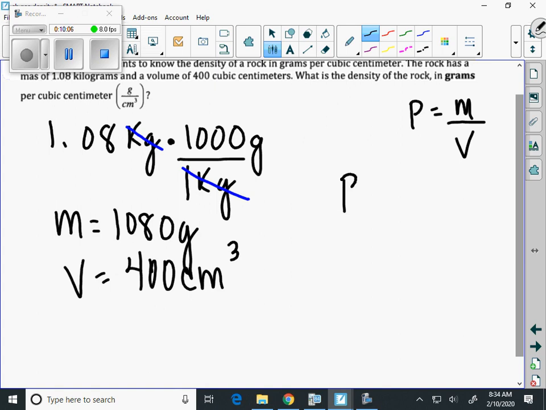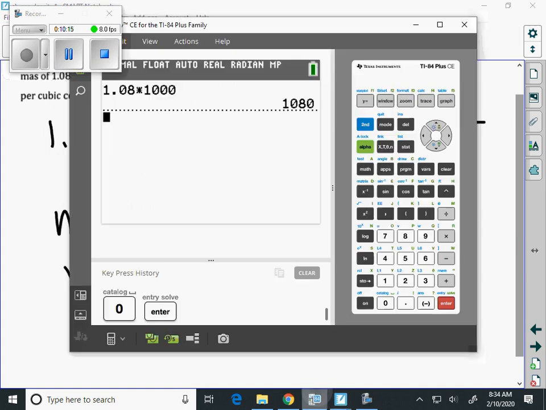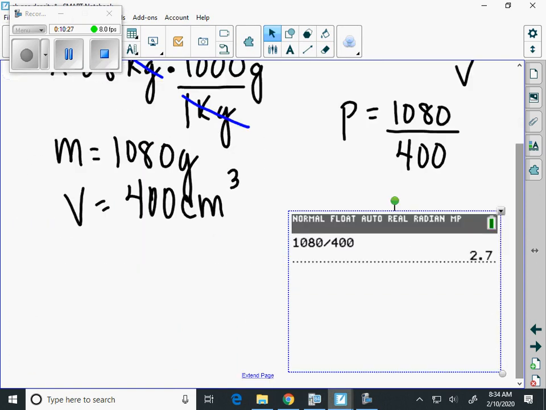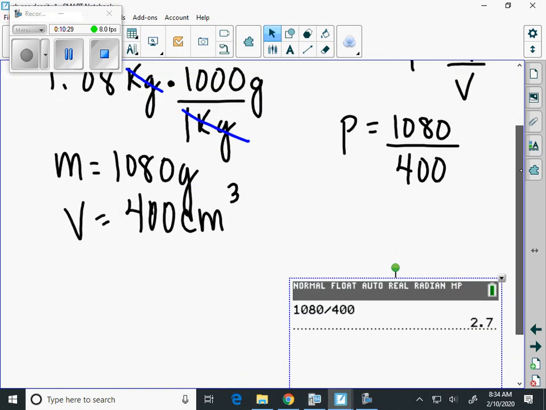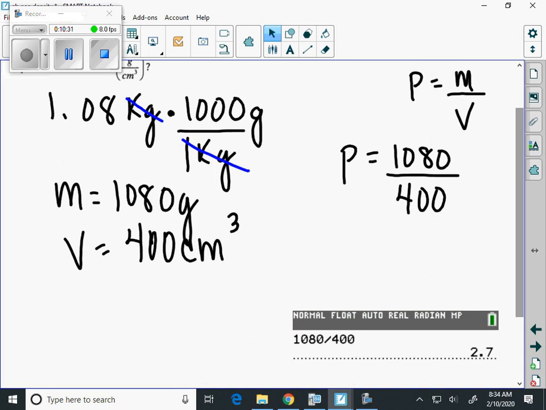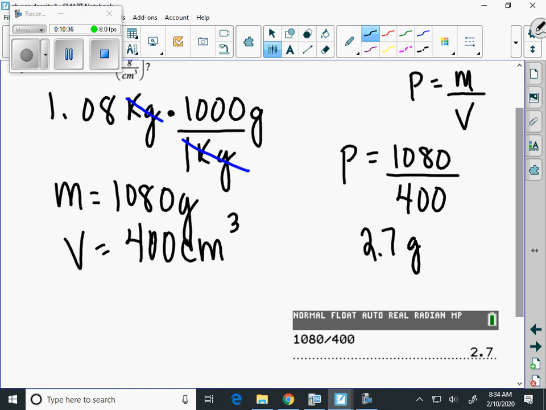So the density equals 1,080 divided by 400, and we type that in: 1,080 divided by 400, and we end up with 2.7. Then we'll put our units in, because we do want grams per cubic centimeter: 2.7 grams per cubic centimeter.